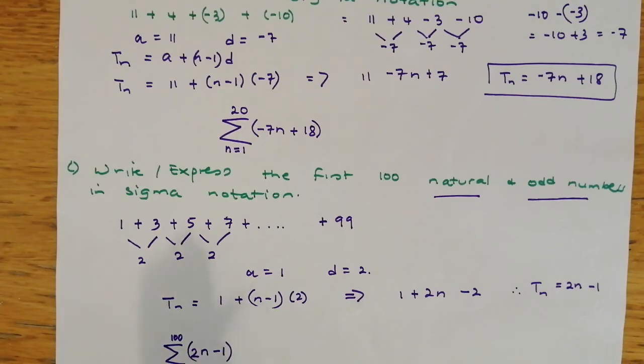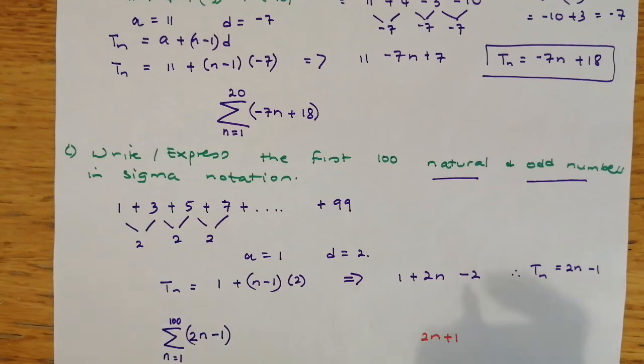Also, as far as these are concerned, here we are speaking about odd numbers, so 2n minus 1 has to be an odd number. Let me write this in another column. What do you think about 2n plus 1? Do you think that's an odd number? Yes, it is an odd number.